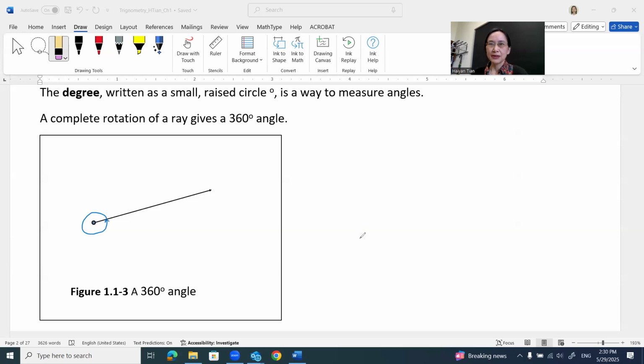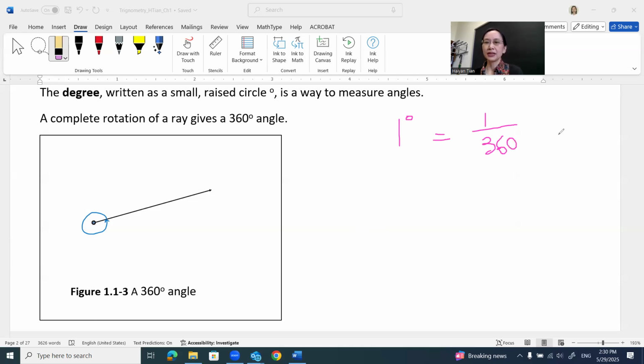So if a complete rotation measures a 360-degree angle, then what is 1 degree? Yeah, so 1 degree is much smaller. How small? It is a fraction of this complete rotation.